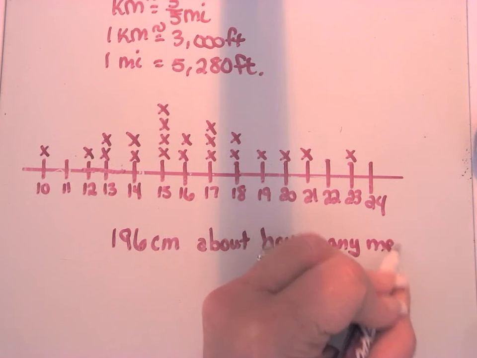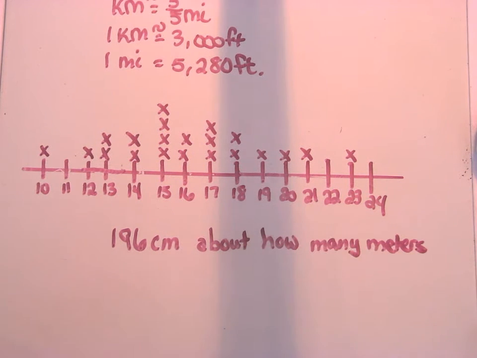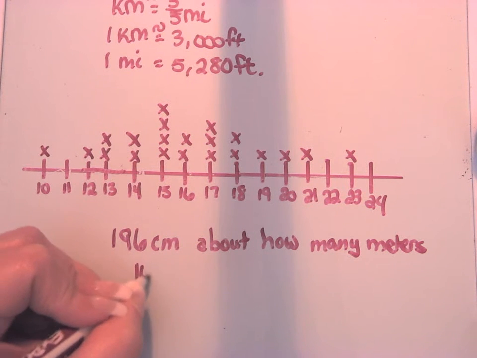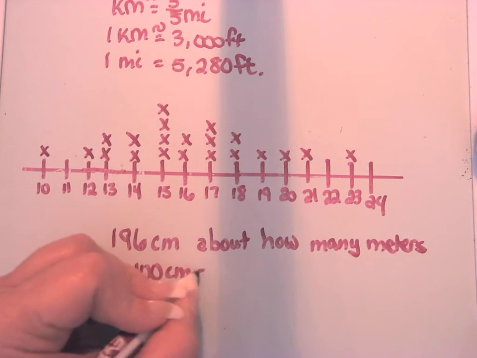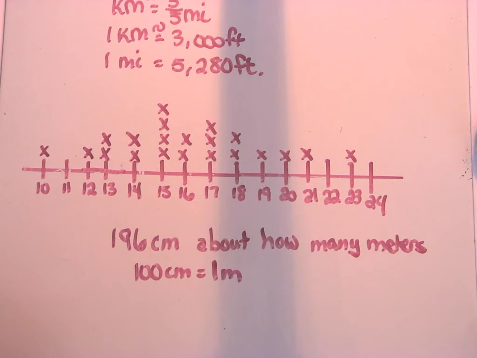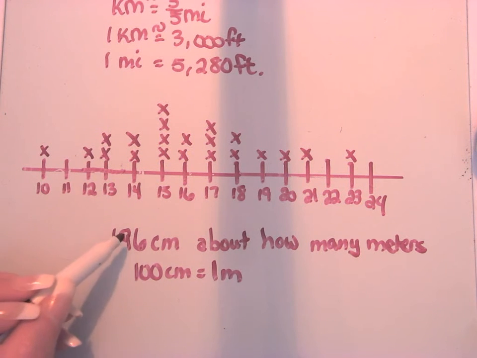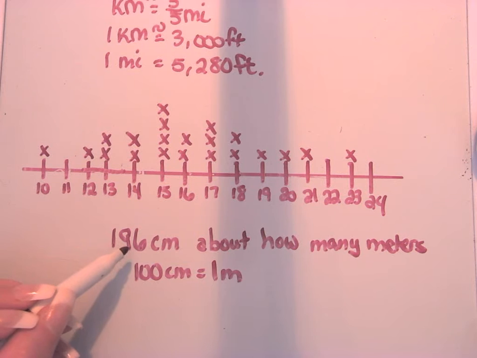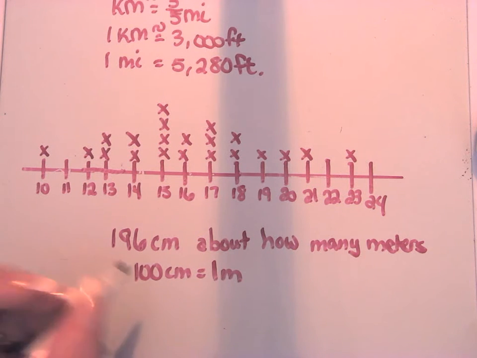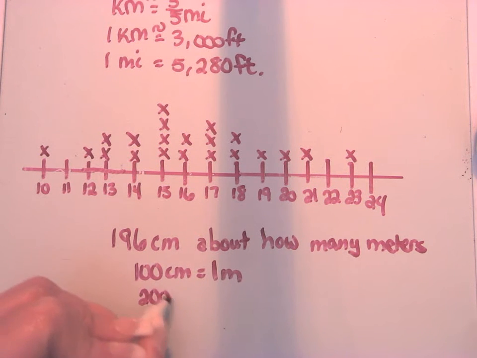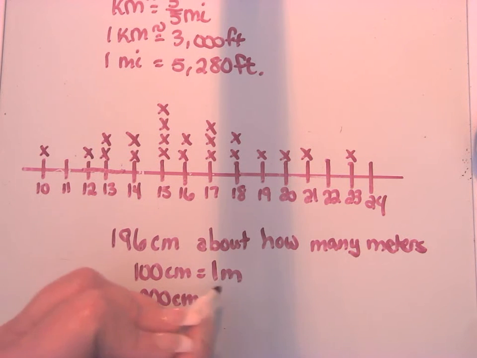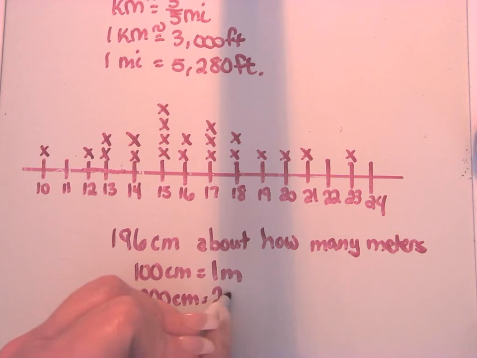If we wanted to know about how many meters, we would say, okay, I know that there are 100 centimeters in 1 meter. So I'm real close to having 200 centimeters, and if I'm close to having 200 centimeters, that means I would have 2 meters.